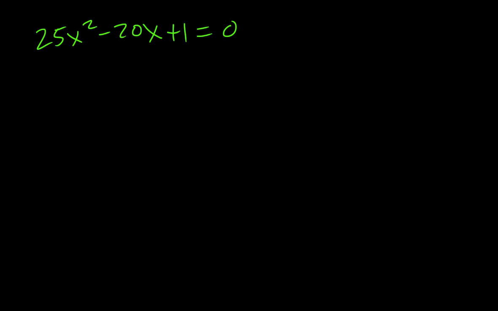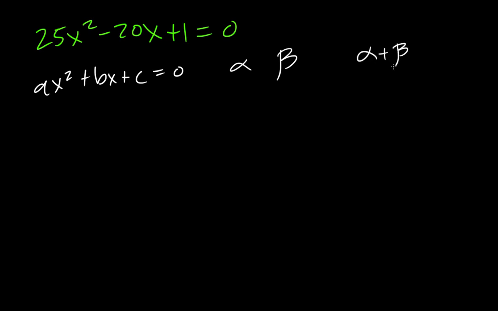Okay, right above this one in your book, we're given this information. So there's roots alpha and beta. And if we do alpha plus beta, it's going to equal negative b over a. And if we do alpha times beta, we're going to get c over a.